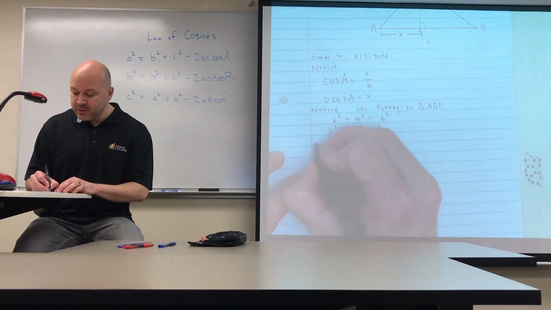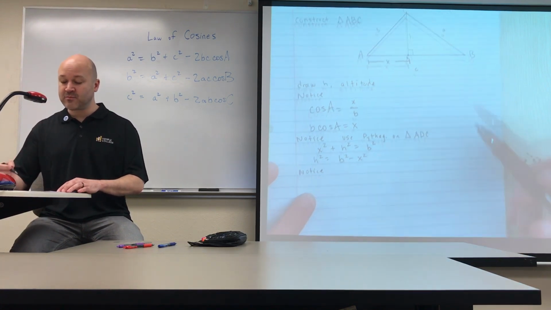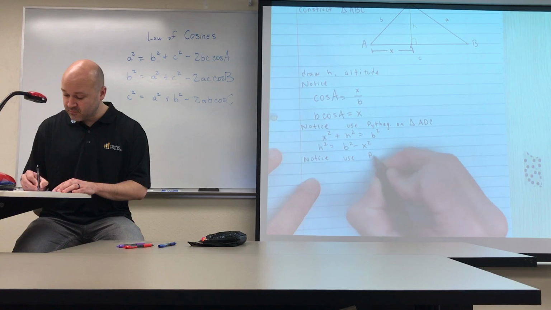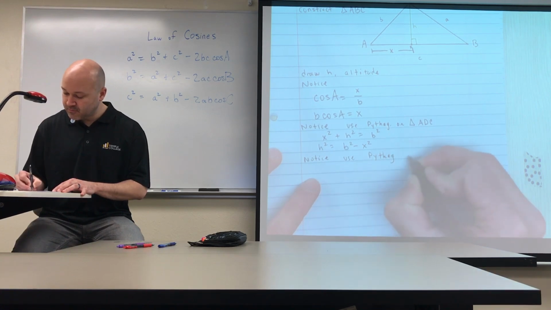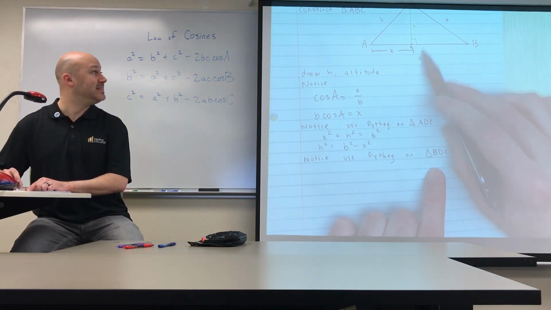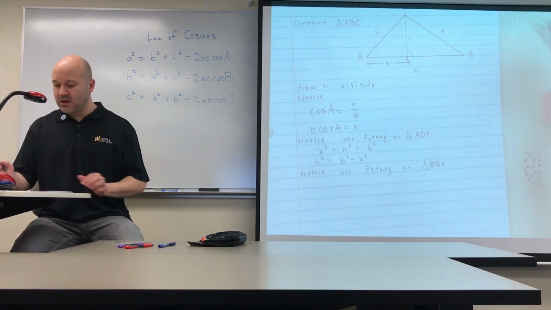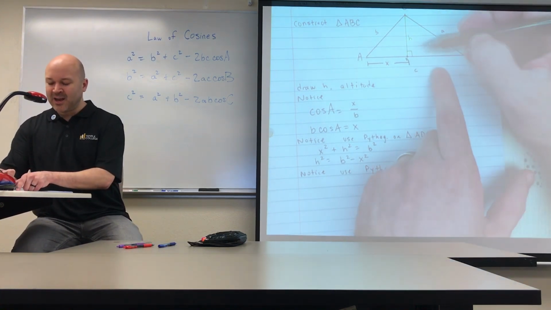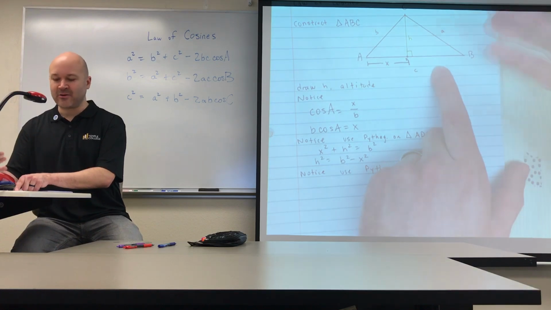All right, I'm going to do that again. I'm going to play around with Pythagorean once more, but with this other triangle, BDC. Well, all of a sudden I need this distance now. So I don't want to create another variable like y or z.